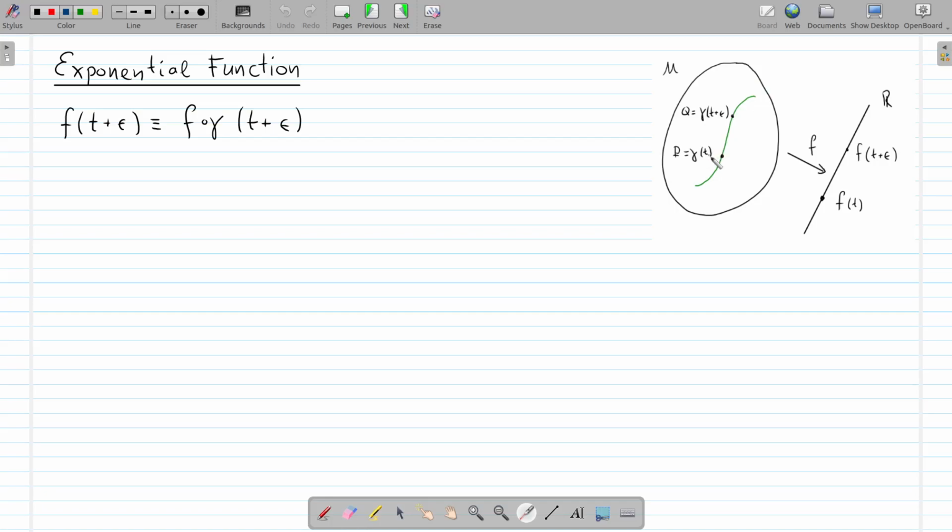Let's say that at the value of the parameter t we have the point P, and at a shifted value of t, call it t plus epsilon, we have the point Q. So these two points are mapped via f to two real numbers, f of t and f of t plus epsilon.